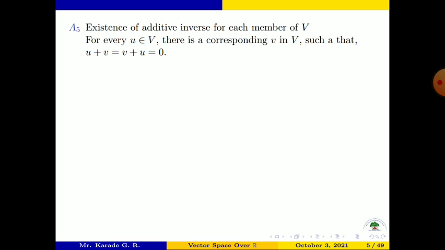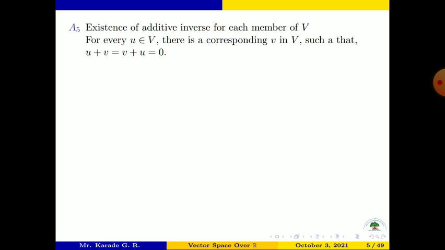So this condition, existence of additive inverse for each member of V, says that for every u in a non-empty set V, there must be a corresponding element v in the set V such that the addition of these two elements is the additive identity. u plus v is the additive identity 0 and v plus u is equal to the additive identity 0.